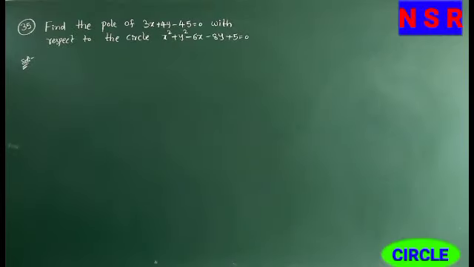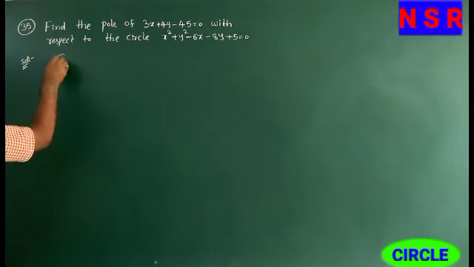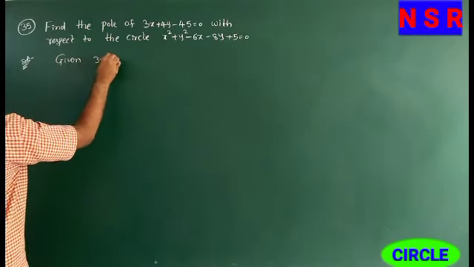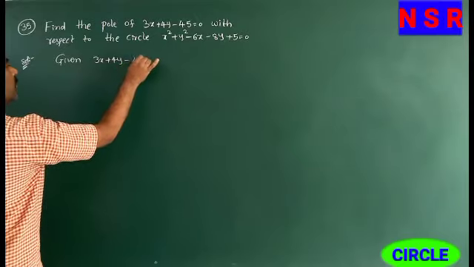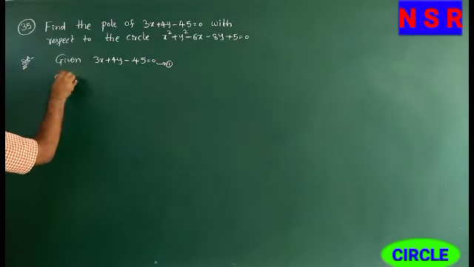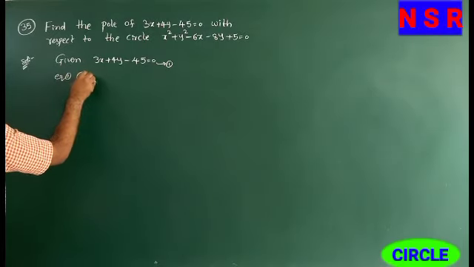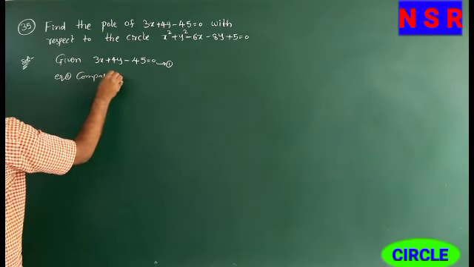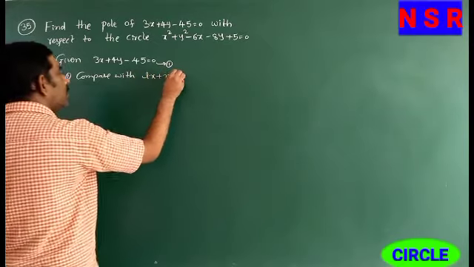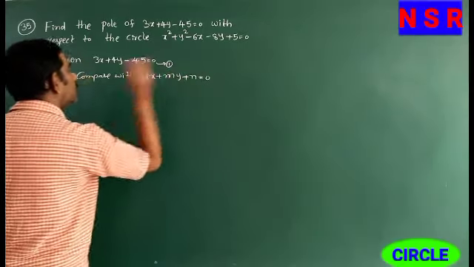So next question number 35, find the pole of 3x + 4y - 45 = 0 with respect to the circle. So here given one line 3x + 4y - 45 equal to 0. So take it as equation 1. Equation 1 compare with Lx + my + n equal to 0.